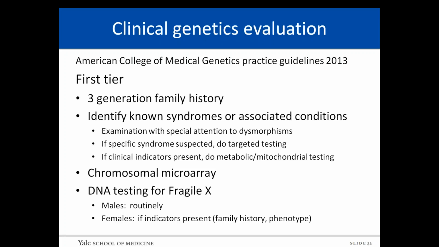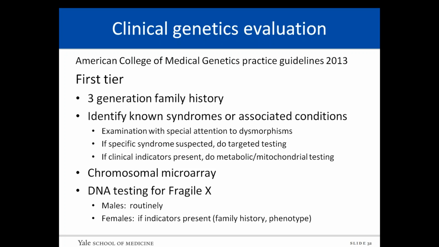If a specific syndrome is suspected, to do that targeted testing. And if clinical indicators are present, then to do metabolic and mitochondrial testing. So in other words, that type of testing is not considered an automatic test to do because they tend to be relatively low yield. But if there are indicators present from the history or the physical examination, then it is reasonable to do metabolic and mitochondrial testing.